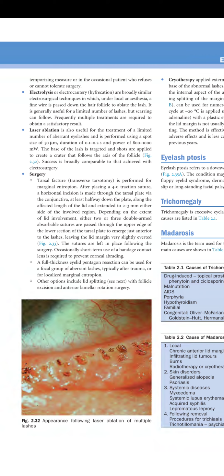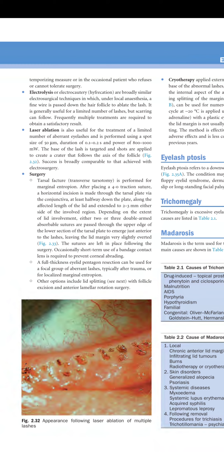Next is surgery. Tarsal fracture or transverse tarsotomy is performed for marginal entropion. After placing a 4-0 traction suture, a horizontal incision is made through the tarsal plate via the conjunctiva, at least halfway down the plate, along the affected length of the lid, and extended 2 to 3 millimeter either side of the involved region.